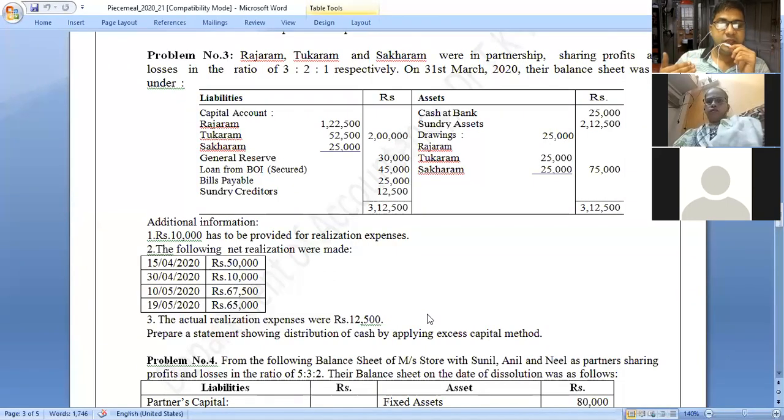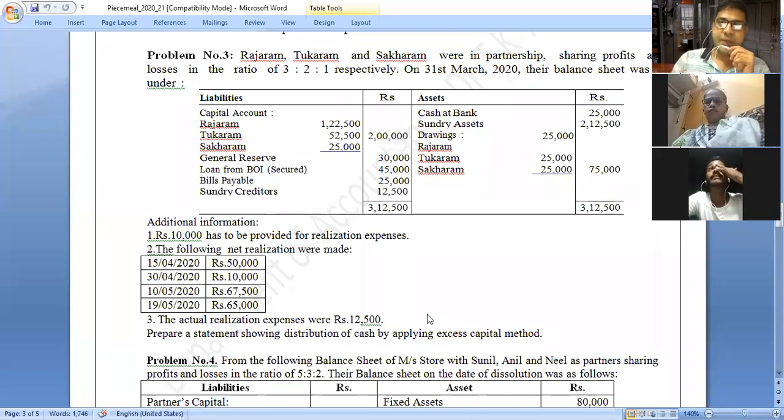Then, if 2 or more partners are holding excess capital, then we will repeat these 5 steps again. And again, we have to find out the new excess capital and new ultimate excess capital. We will repeat the steps again and again.